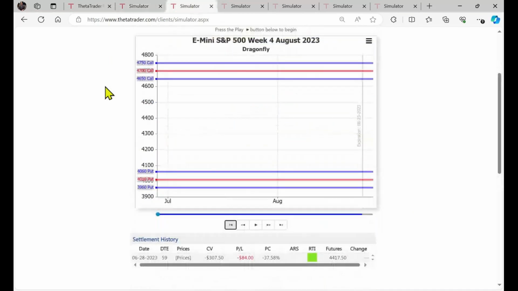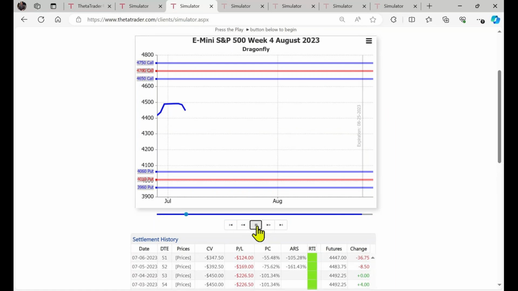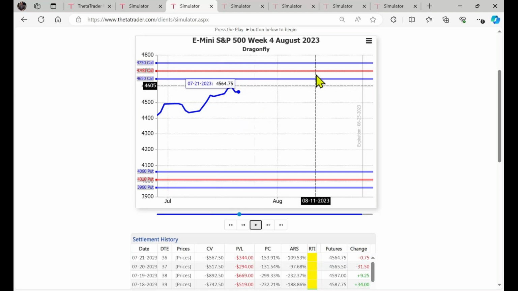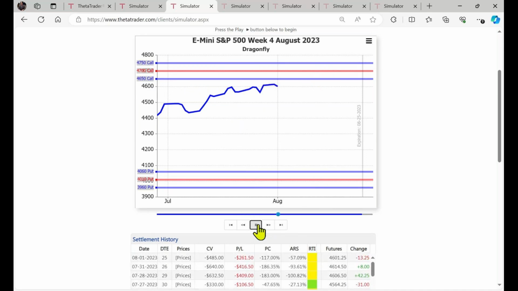And then here's the week 4 dragonfly. So let's just run this through. So you can see the market doing the same thing, just with a different trade structure here. And it turns blue, but it turned blue, gave a profit order on August 4.